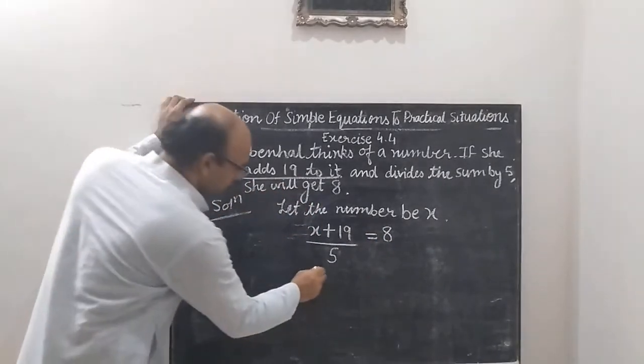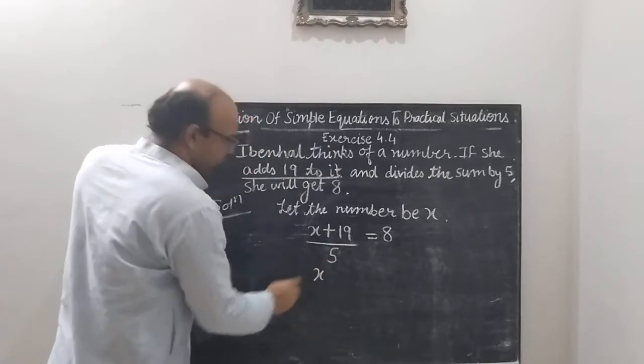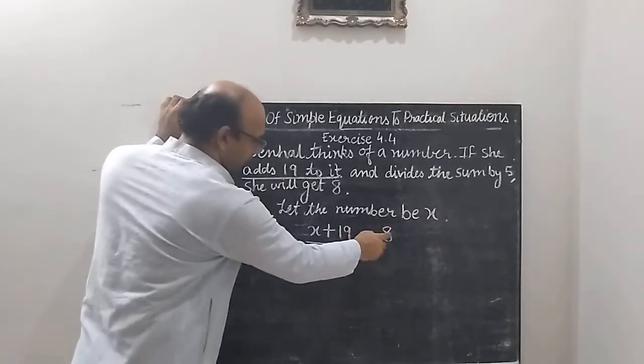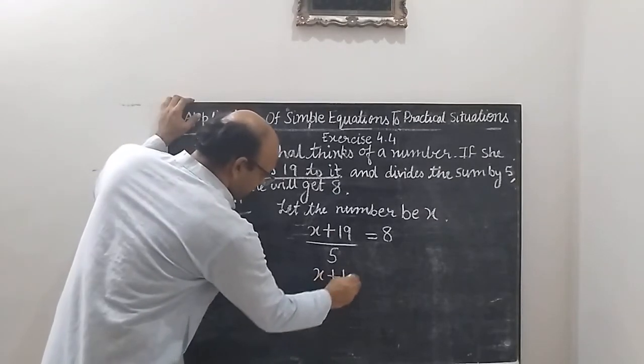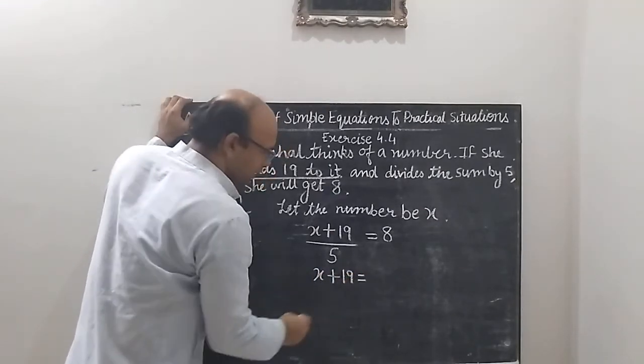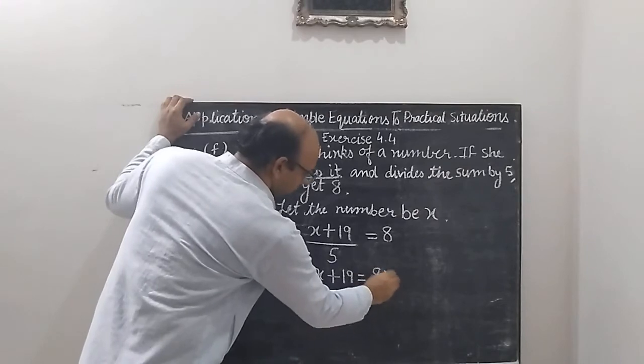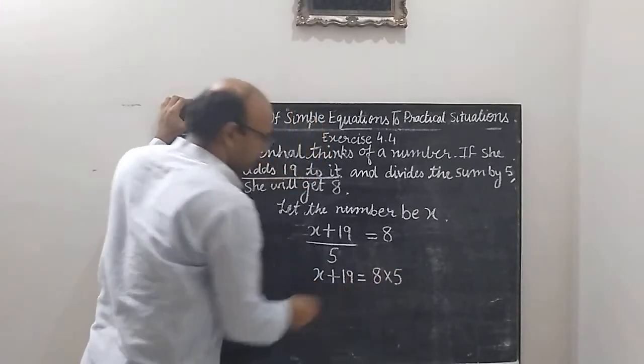The first step will be to remove 5. Don't make the mistake of taking 19 onto the other side. So we have x plus 19 is equal to 8 into 5.